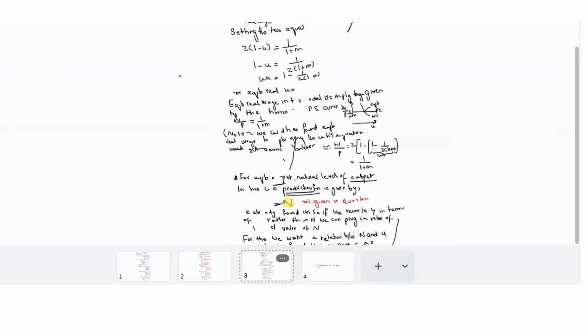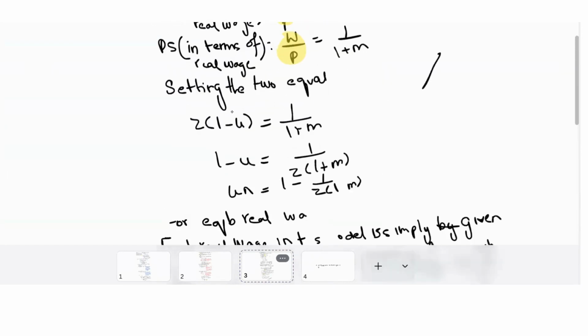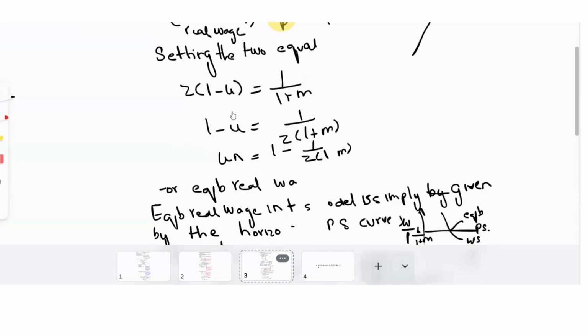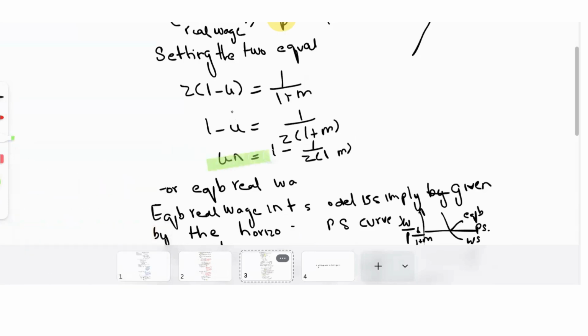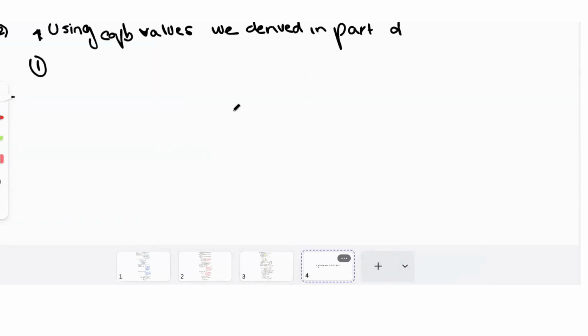If we look at this, in part D we found this as UN. So this is the value of UN: 1 minus 1 by Z(1 plus m).